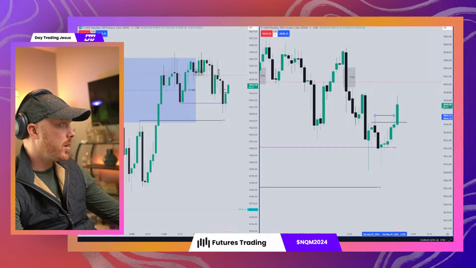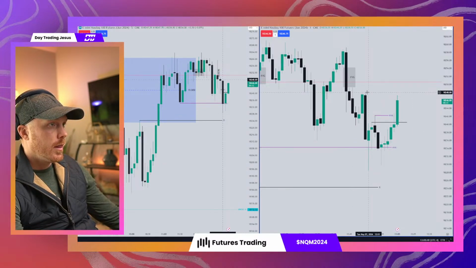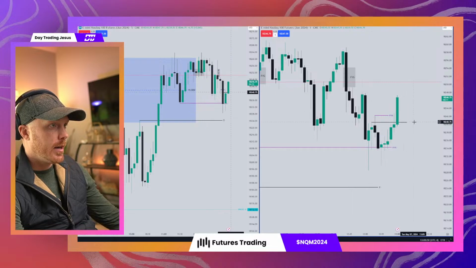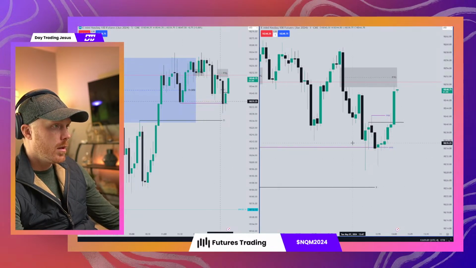This is a 1-minute market structure shift. Like to see it not take this high right here. Okay. This is the breaker I'm watching right here.